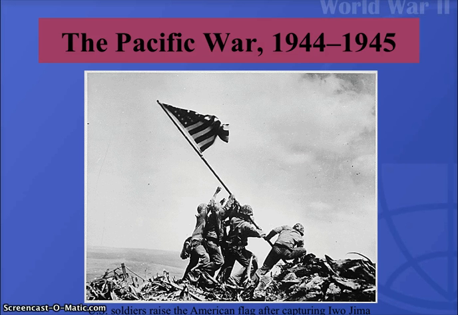So 93,000 Japanese soldiers are killed. The Allies can now use Okinawa as a staging ground for the land invasion of Japan. A land invasion, if the land invasion will come.